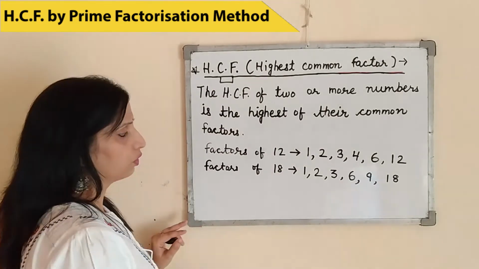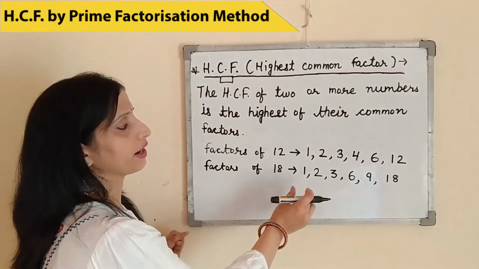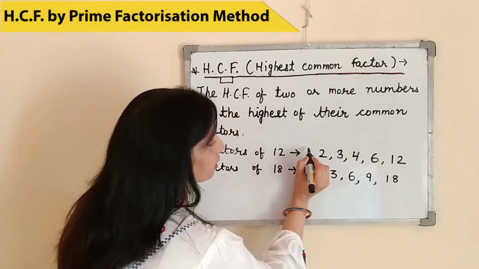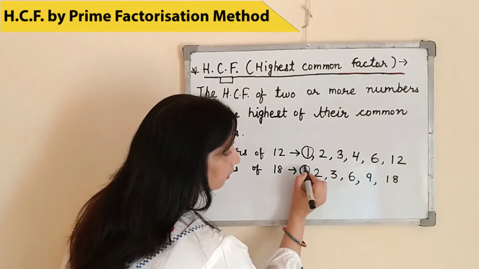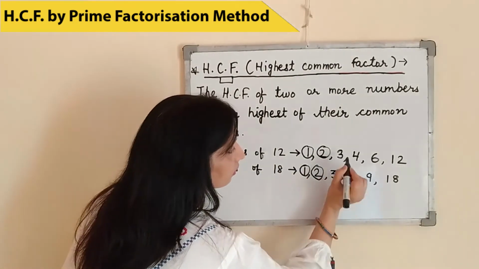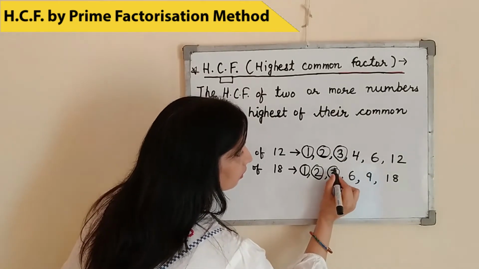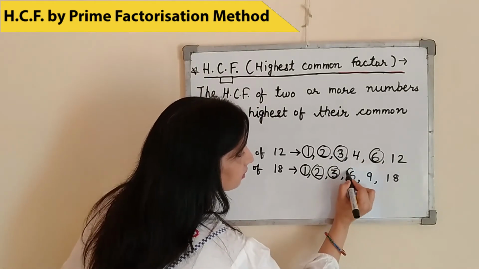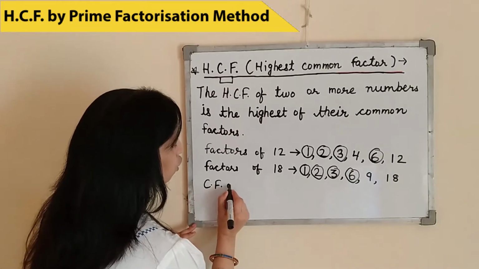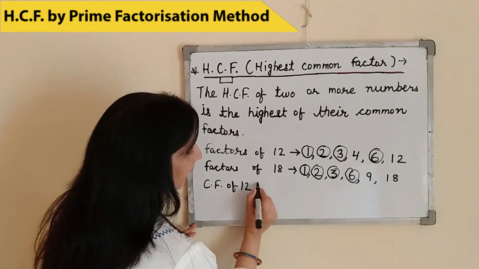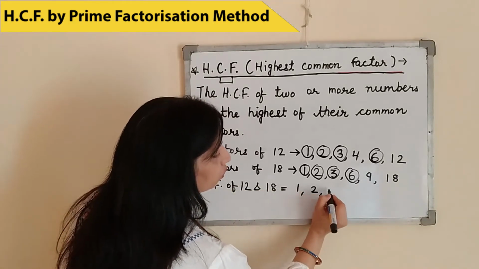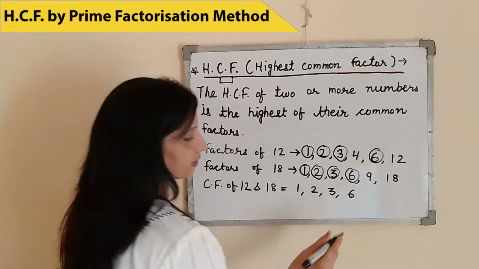Now we will circle the common factors, the numbers which are coming in both. The first is 1, 2 is also common, 3 is also common, next is 6. So the common factors, here I am writing CF, common factors of 12 and 18 will be 1, 2, 3 and 6.